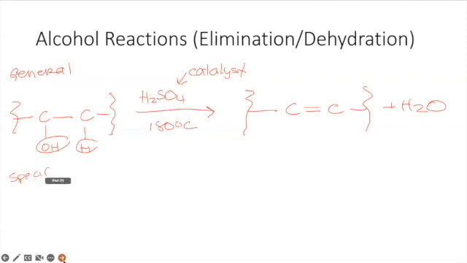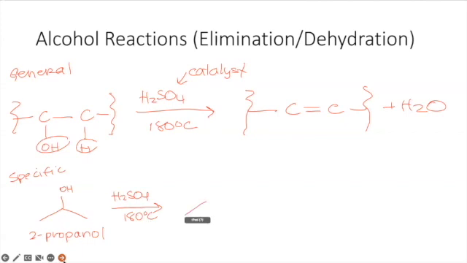So a more specific example is 2-propanol. We're under the right conditions. We have a catalyst and we're at 180 degrees Celsius. So it's going to reduce this OH. It's going to take one of the implied hydrogens and make it a double bond.